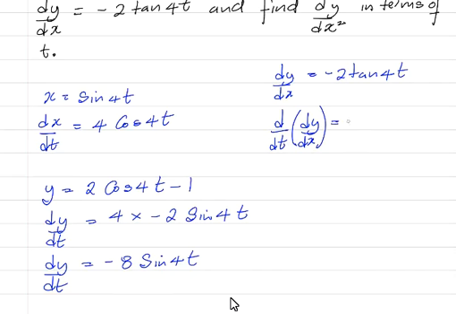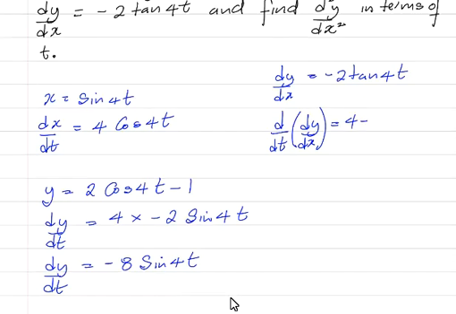So this is 4 times minus 2 sec squared 4t, so this would be minus 8 sec squared 4t.